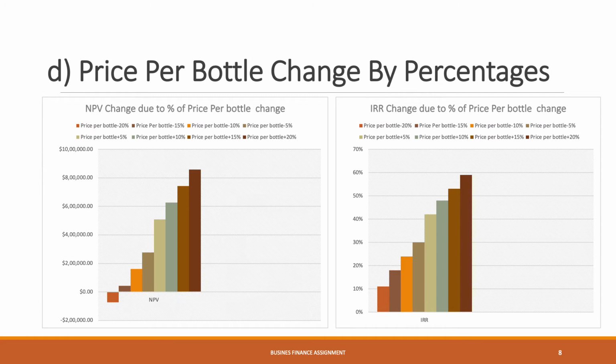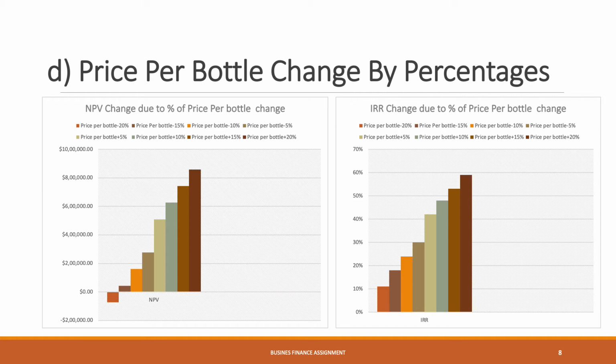The next part is for the price per bottle, and this is a little bit interesting compared to the initial cost, the fixed cost, and the variable cost. Because when we were decreasing those costs by 20%, the NPV was rising hugely, but here it is a different scenario altogether.